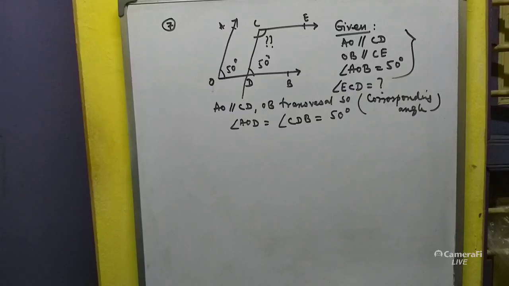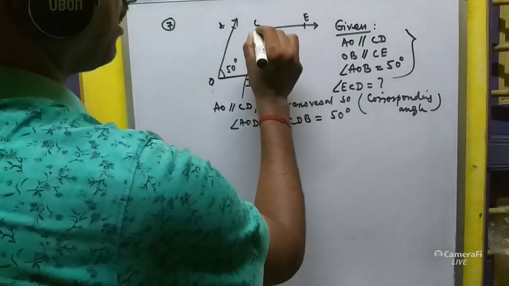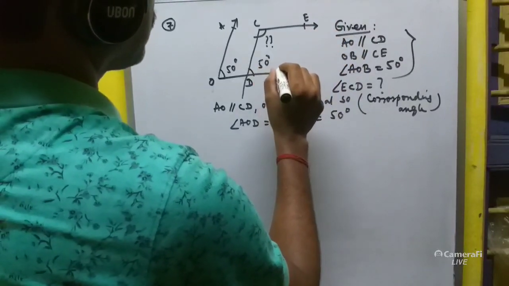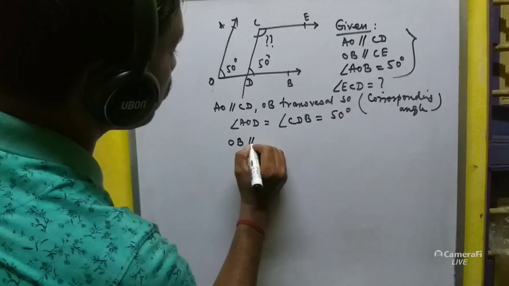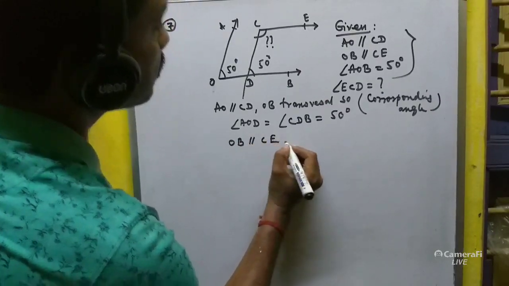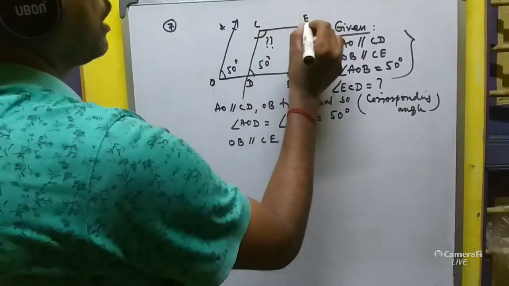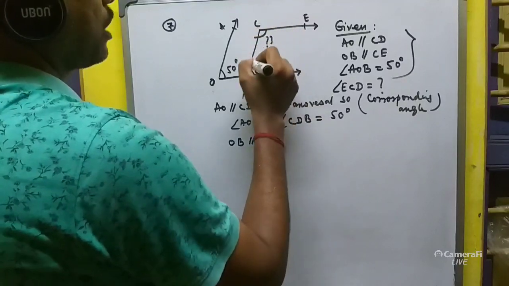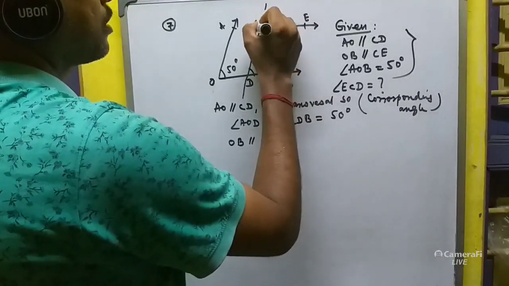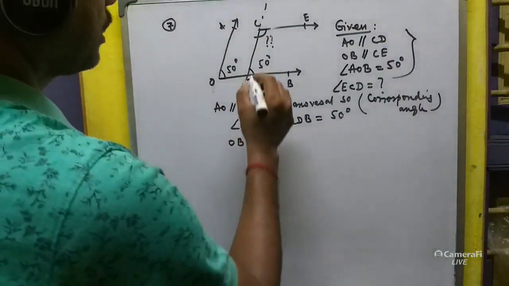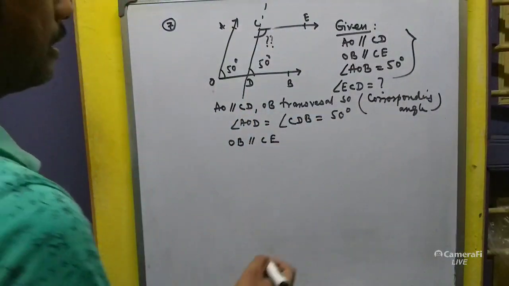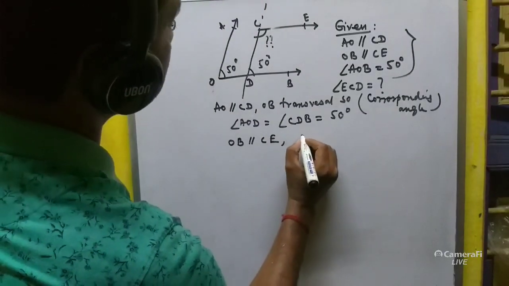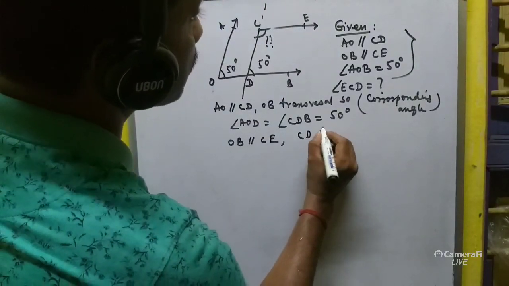Now OB parallel to CE. So write OB parallel to CE. So this line parallel to this line and this is also transversal. So this angle and this angle sum is 180 and CD is transversal.